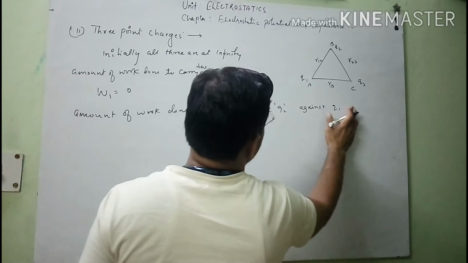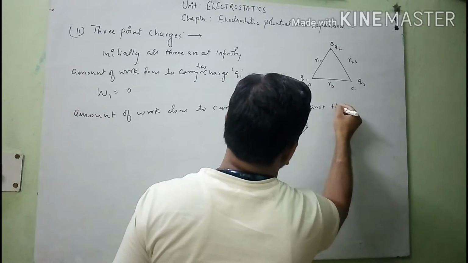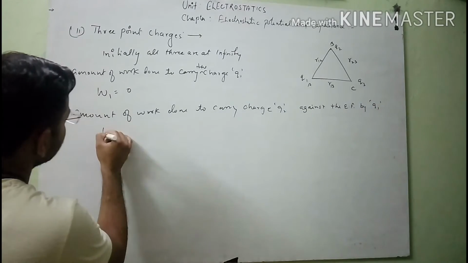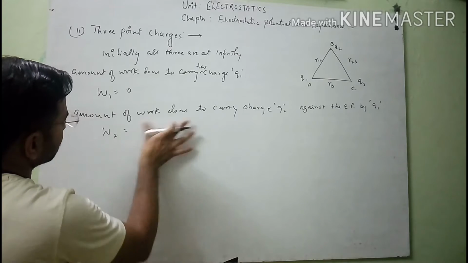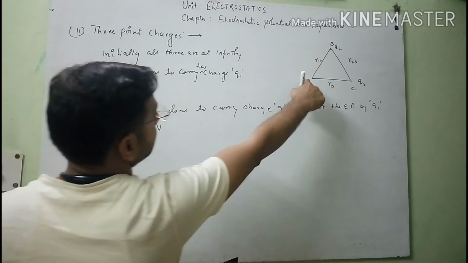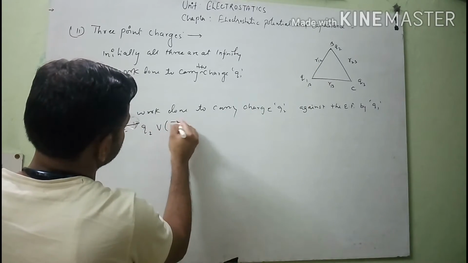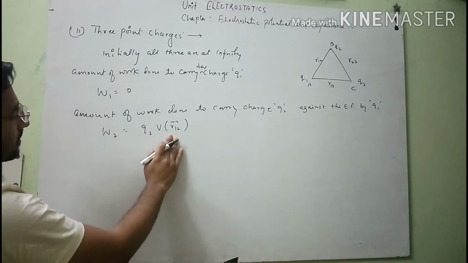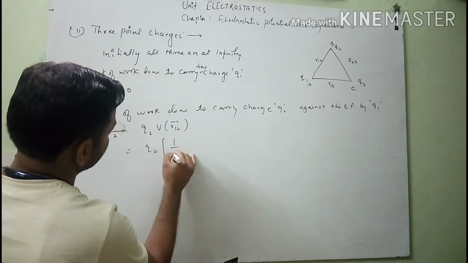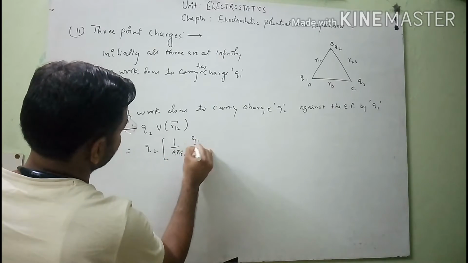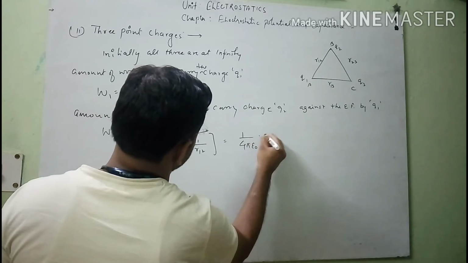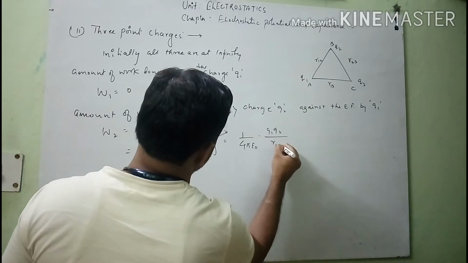So in this case the work done is Q2 times V due to Q1 at R12, because this is the electrostatic potential due to the charge Q1. So here you will write Q2 times 1 over 4 pi epsilon naught Q1 by R12, and your formula is 1 over 4 pi epsilon naught Q1 Q2 by R12.